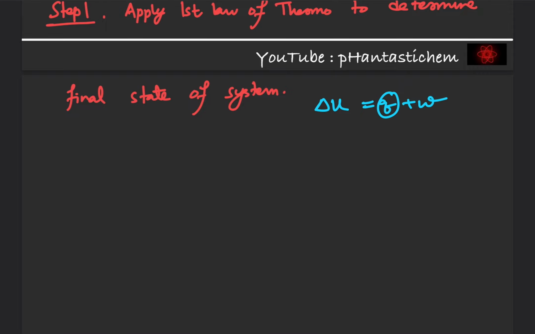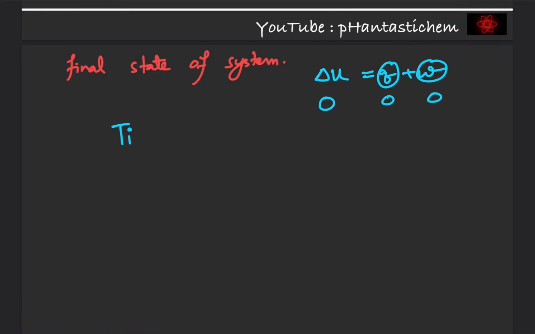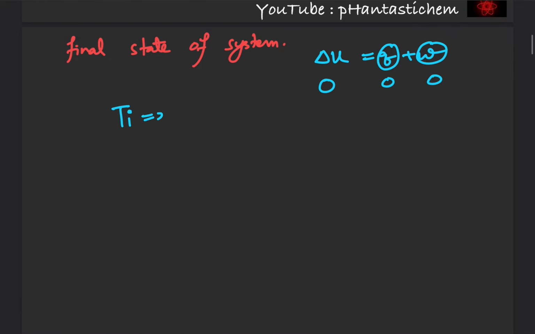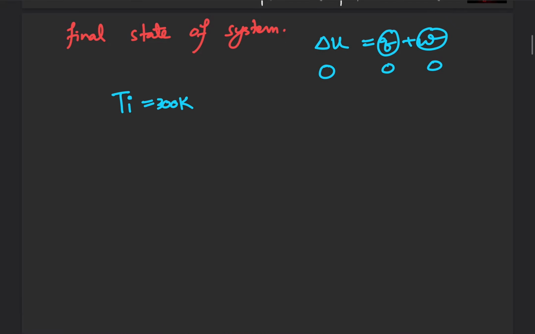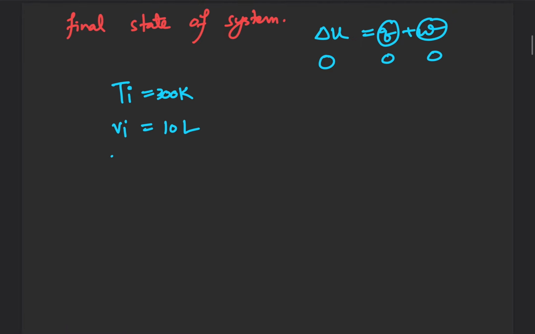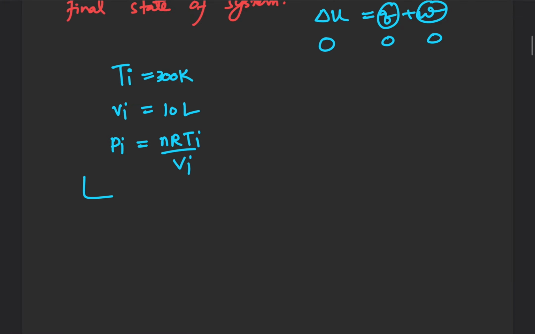So we know there is no heat exchange, we know there is no work done, so delta U also will be equal to 0. So therefore T initial is 300 Kelvin, initial state, V initial is 10 liters, so pressure initial will obviously be nRT by V. So this is state 1, these are the state variables for state 1.